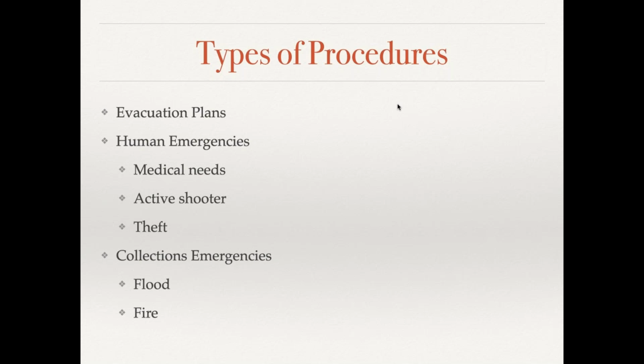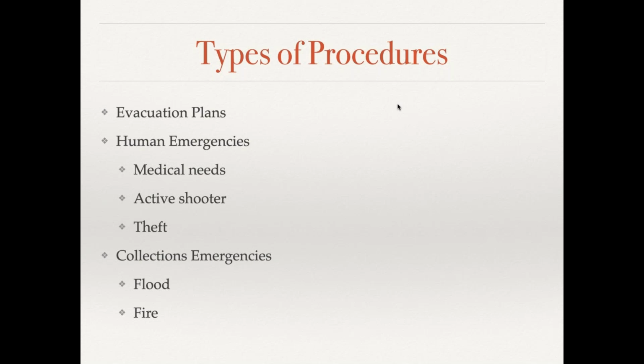Your police department may be able to come in and do actual active shooter training for you if that's something you're interested in. You also want to have procedures for theft. Generally, the procedure for theft is that you do not confront the person that you think is stealing things, but that you record information and call the police.